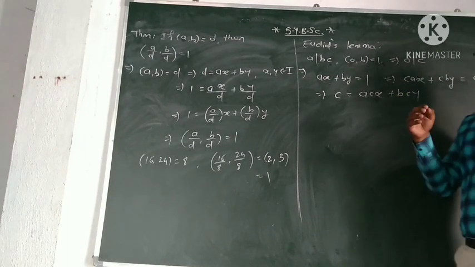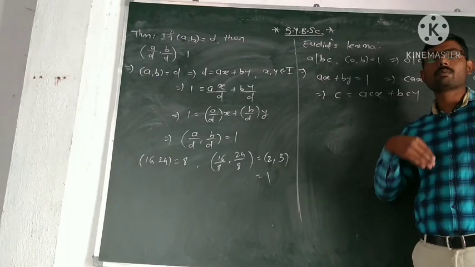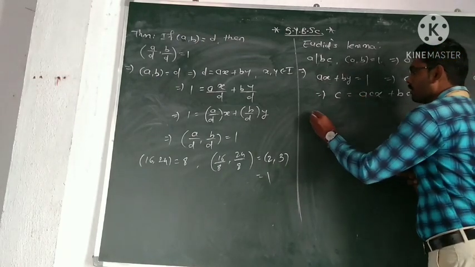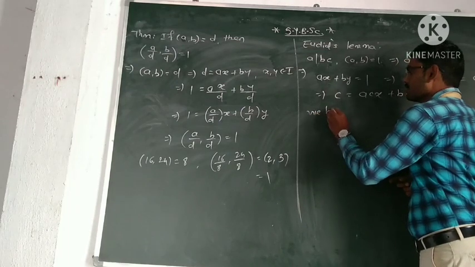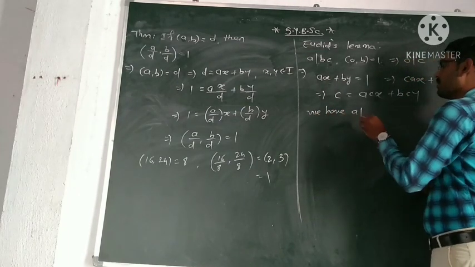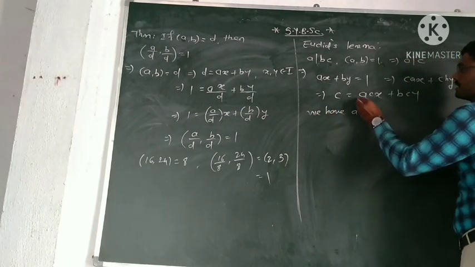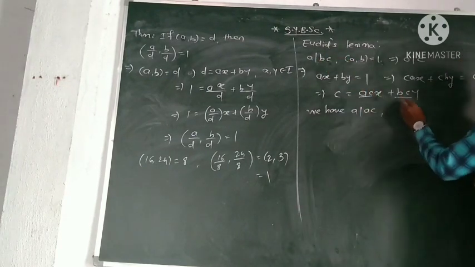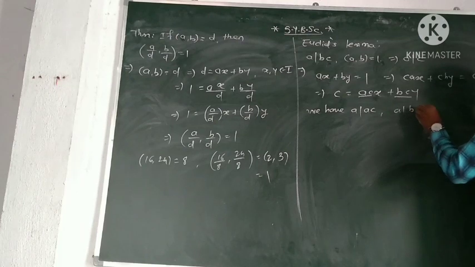Now we know any number always divides a multiple of that number. So a divides a into c. Also, we are given that a divides b into c.